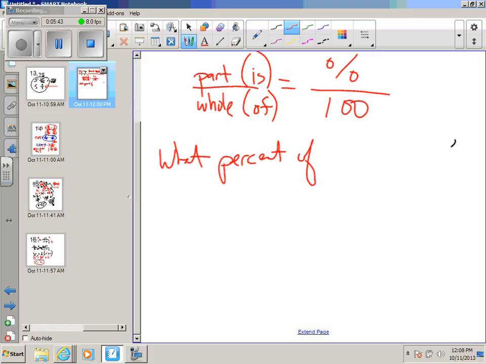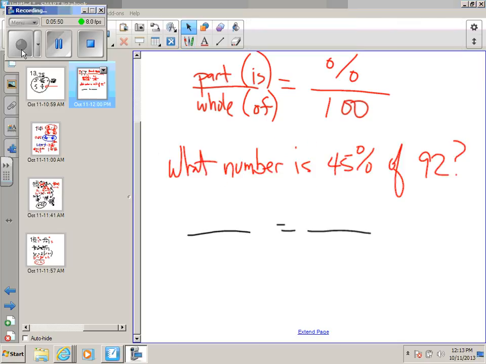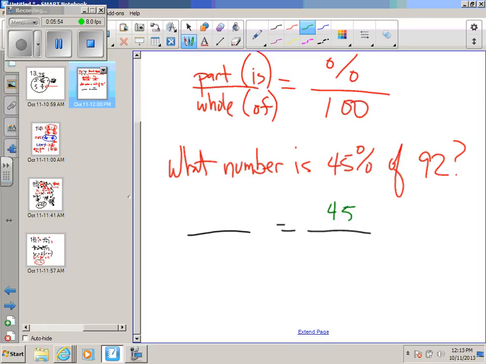What percent of 55 is 11? All right, so what number is 45% of 92? Got the setup right? Good. Okay, now, sometimes you'll go through the steps, and you'll say, there is no relationship.